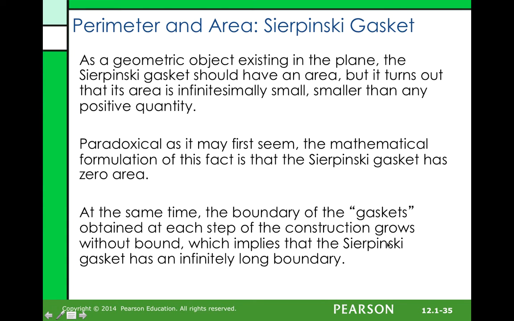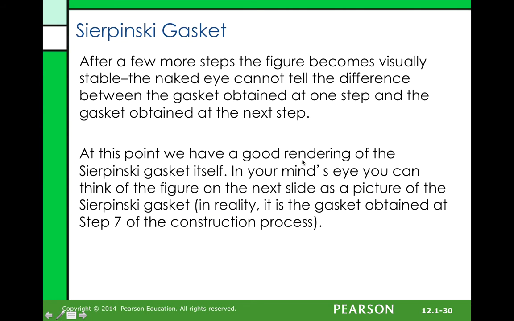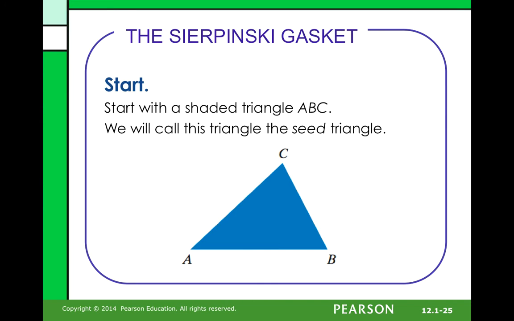At the same time, the boundary of the gaskets obtained at each step of the construction grows without bound. So just like with the Koch snowflake, every time you take a step in the recursive process, you introduce more boundary. The same thing is true here. So let's go back to the beginning of the construction.